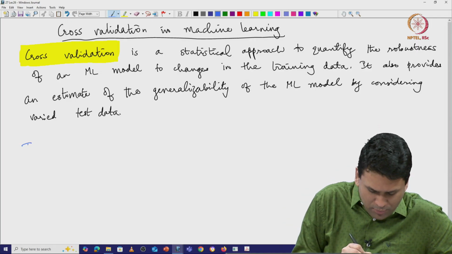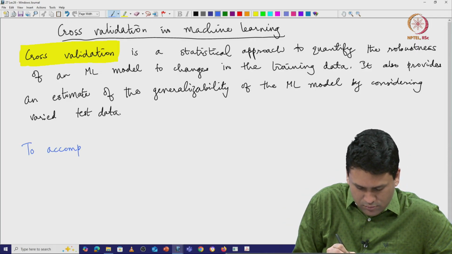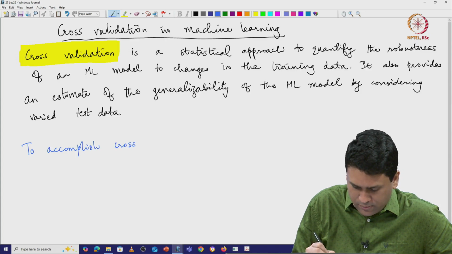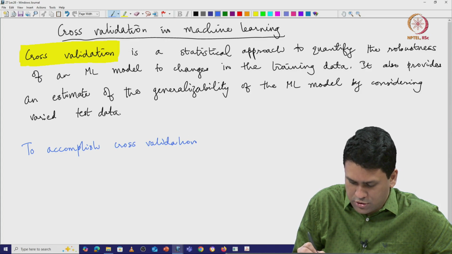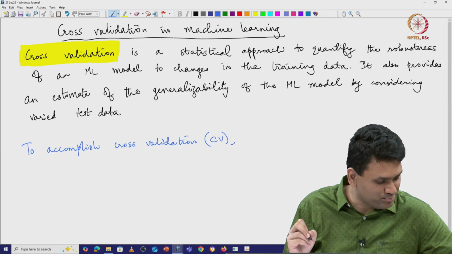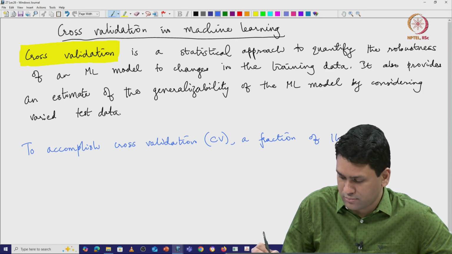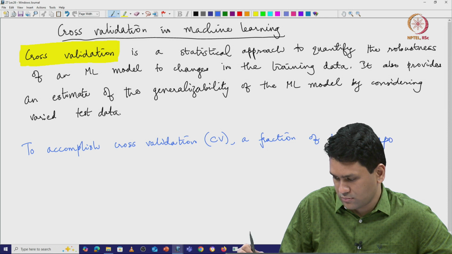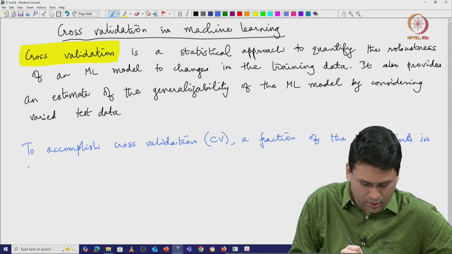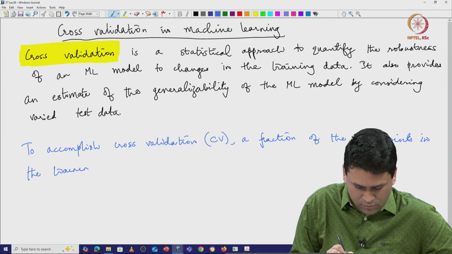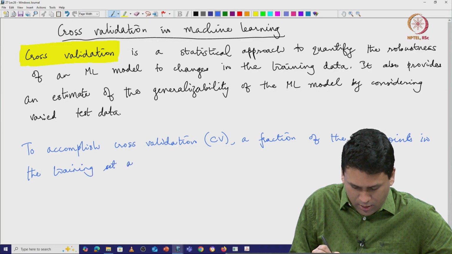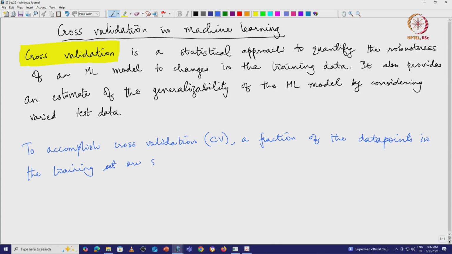Okay, so to accomplish cross validation, which is also abbreviated as CV, a fraction of the data points in the training set are selected and made part of a validation set.